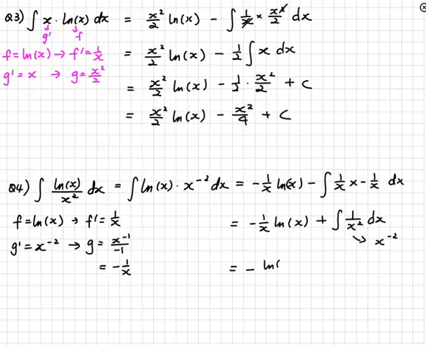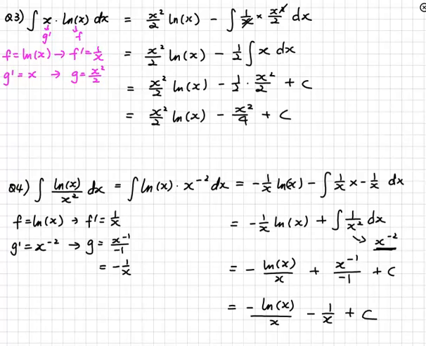So negative ln x over x plus integration of this, which is plus 1 to the existing power and divided by the new power, plus c. So therefore, the final answer is negative natural log of x over x, minus 1 on x, plus c.